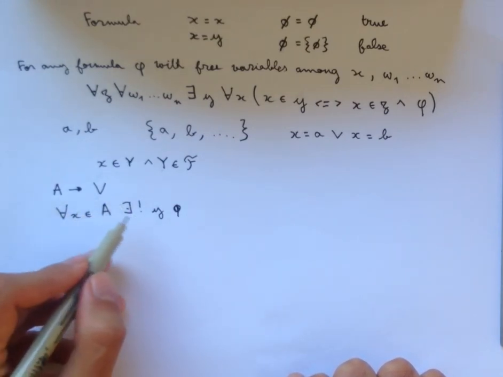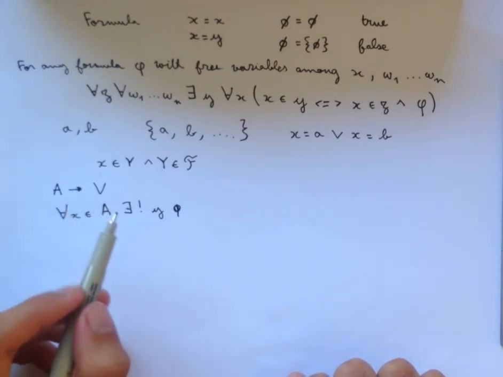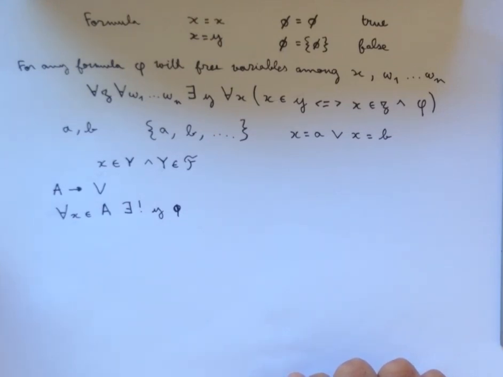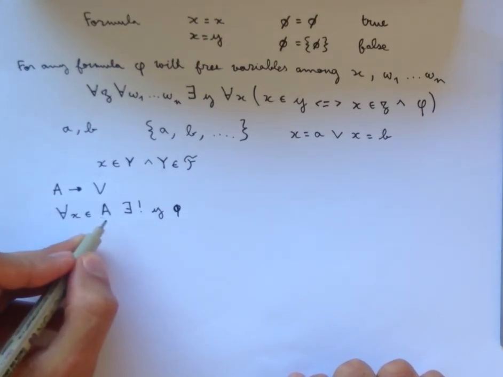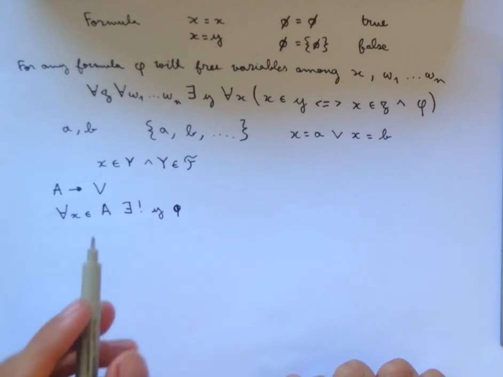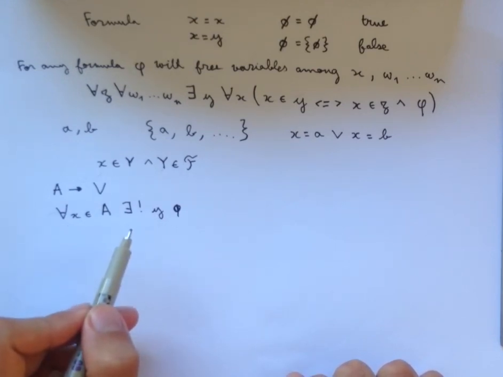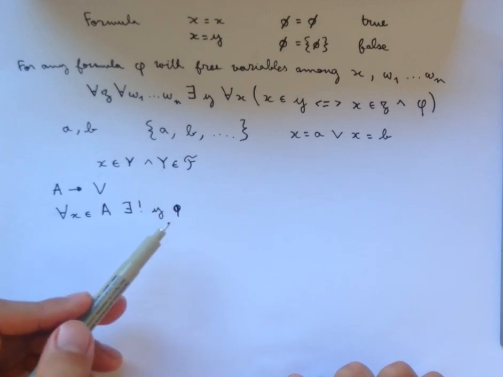So it always comes after the backwards E, the there exists symbol, and it means that not only does this thing exist, but there's only one of them. So because of this, you take your x in A, and then you find the y that satisfies phi for x, and that is going to be your image by this function that you're defining with this formula.